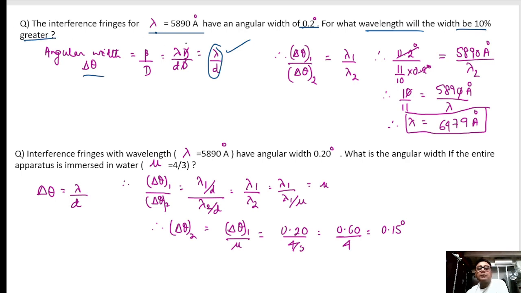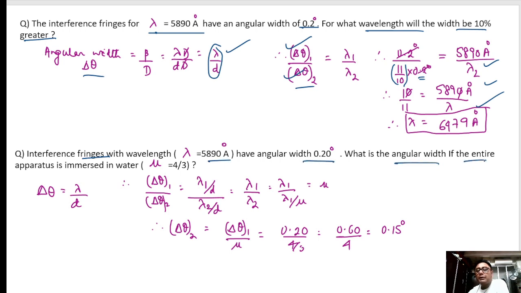Now angular width will increase by 10%. If it was del theta 1 before, it is now del theta 2. Del theta 2 is 10% more than this. That means 11 by 10 of 0.2 degree. Clear? So this is lambda 1 by lambda 2. We can find out the lambda 2.